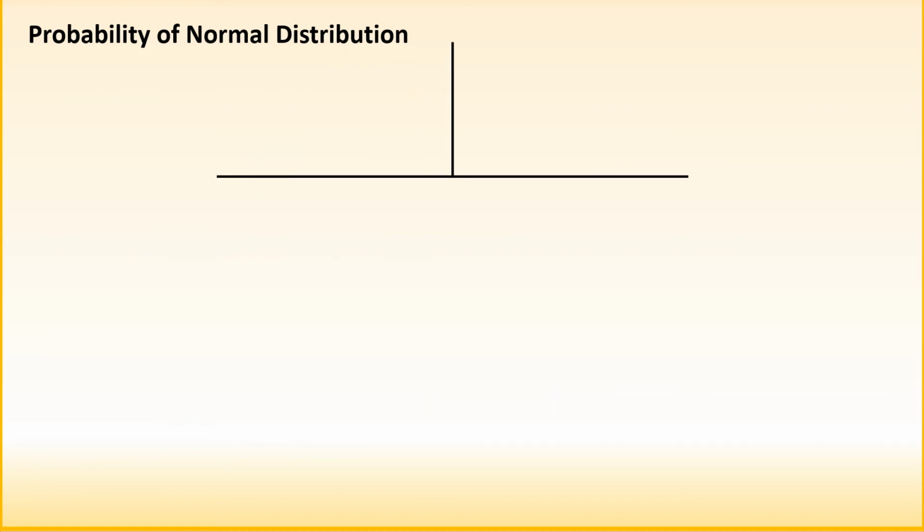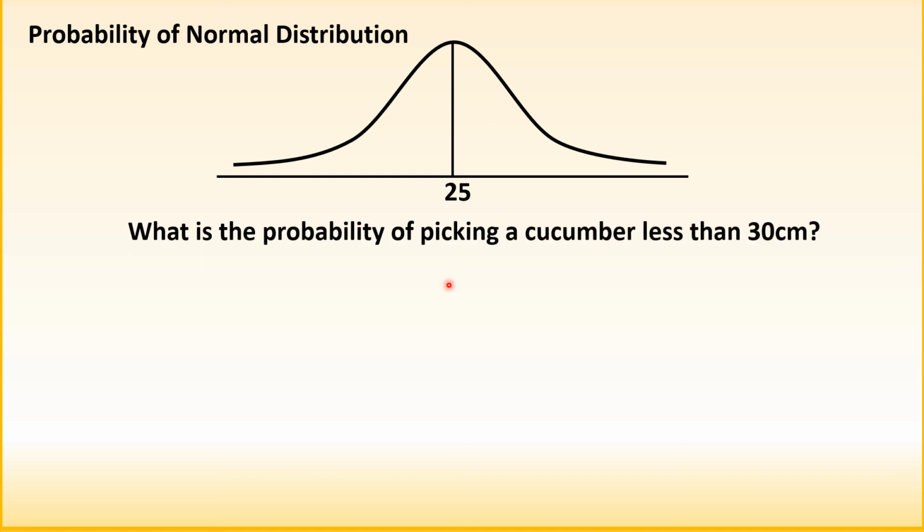Let's have here another example. So, gamitin ulit natin yung 25 na mean na ginamit natin kanina. So, the question is, what is the probability of picking a cucumber less than 30 centimeters? So, yung 30 centimeters ay above the mean. So, ibig sabihin, nandito siya sa right side ng 25.